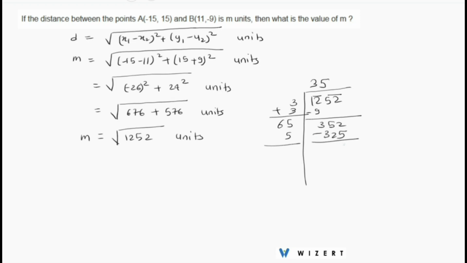We have 12 minus 5 is 7, and 4 minus 2 is 2. This is 70. We can take a decimal point here. We'll take 2 zeros over here. So we use 3 here.